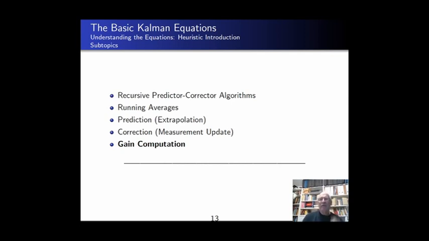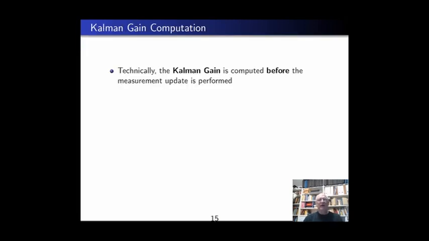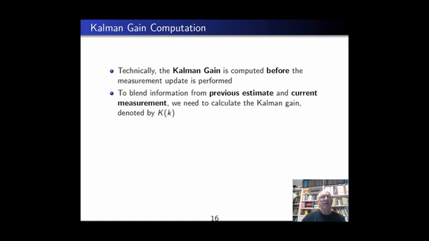Today we're going to talk about the Kalman gain computation, which in many respects is the heart of the Kalman algorithm. It's performed in the middle, after the extrapolation or prediction and before the correction is done. Typically it's considered to be part of the correction step. So technically the Kalman gain is computed before the measurement update is performed.